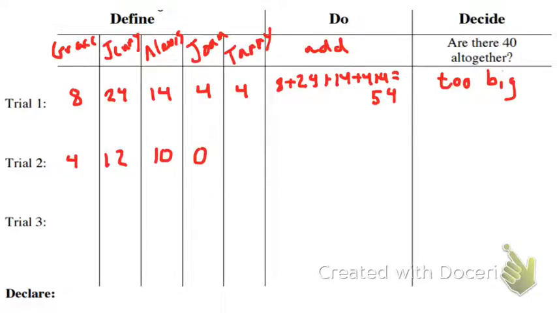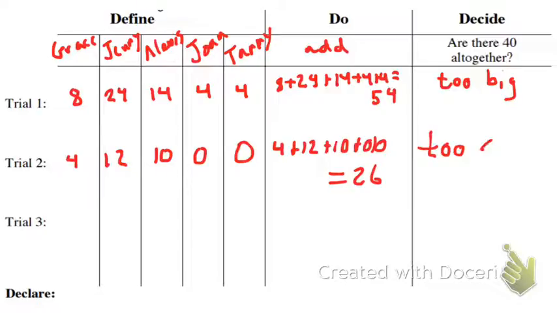It's hard to forget that you scored absolutely nothing. And Tammy did the same as Joan. She did nothing. So as we add these up, we've got 4 plus 12 plus 10 plus 0 plus 0, which is going to equal 26. Alright, so I went a bit small there.